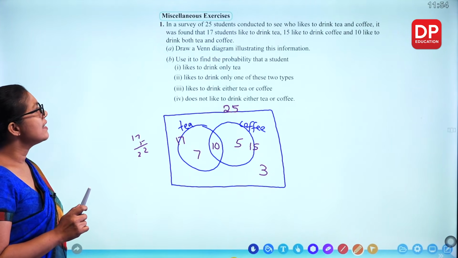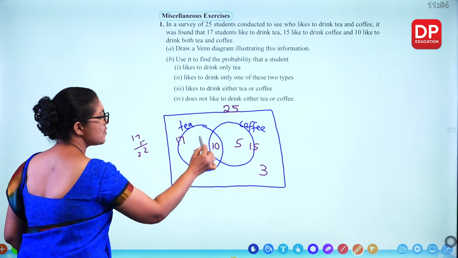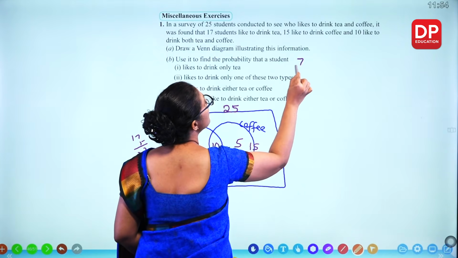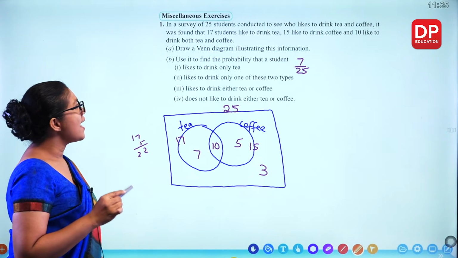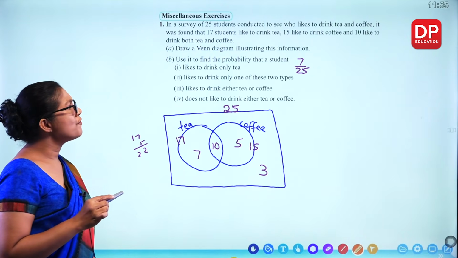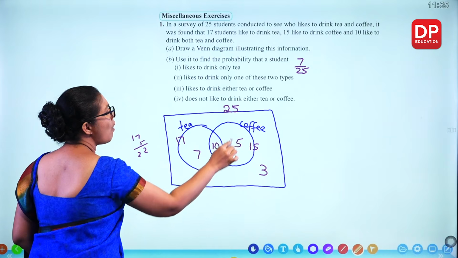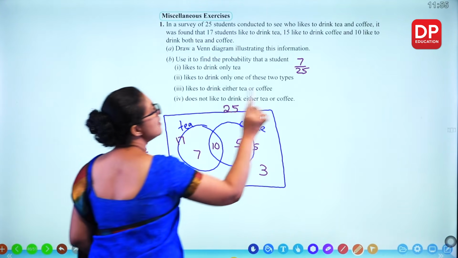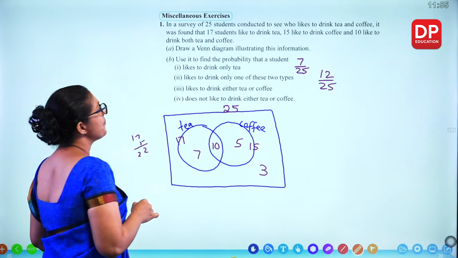Likes to drink only tea. Only tea, which region? This region, 7. 7 out of 25. Second part, likes to drink only one of these 2 types, either tea or coffee. So 7 plus 5 becomes 12. 12 divided by 25 is the probability.